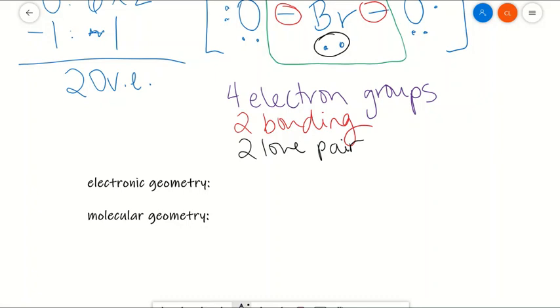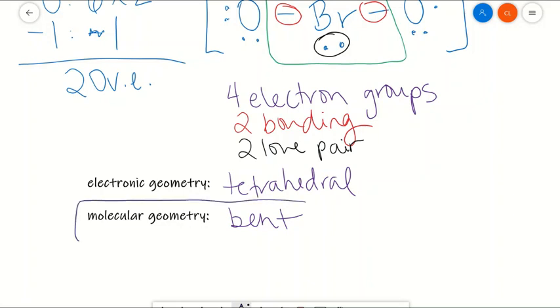That is going to be tetrahedral. And what's the molecular geometry for steric number 4 with 2 bonding and 2 lone pairs? It's going to be bent. So if the question asks you to predict the geometry of BrO2-, that means the molecular geometry. So the answer is bent.